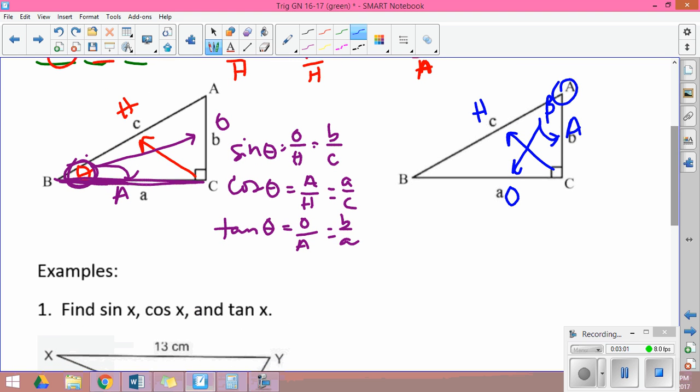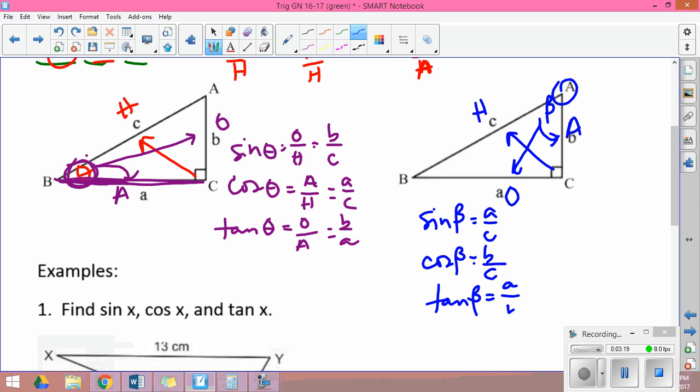So in this scenario, the sine of beta is a over c. The cosine of beta, adjacent, is b over c. And the tangent of beta, opposite over adjacent, is a over b.